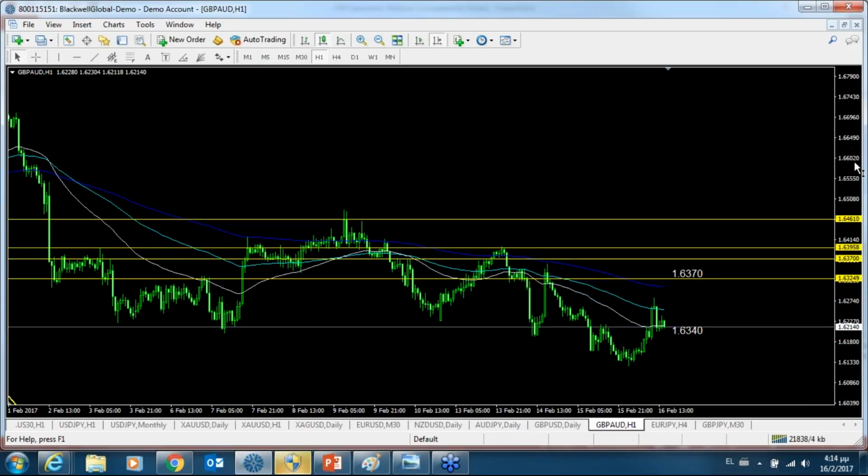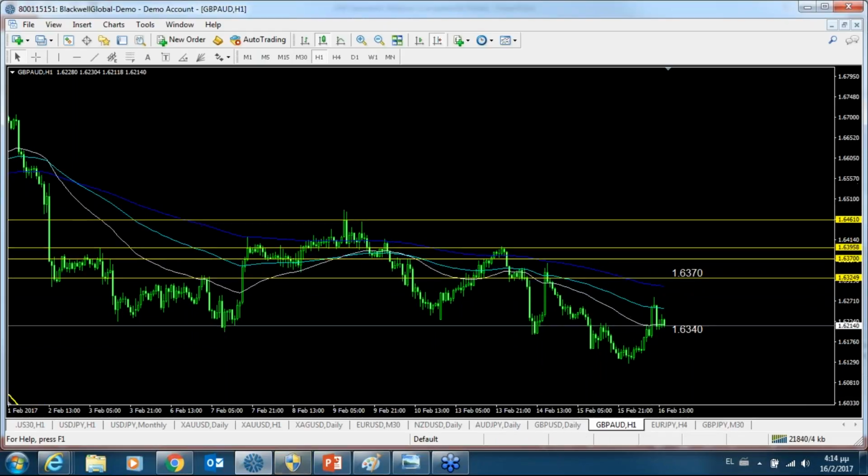Okay, now here. It may be a very good idea for you to start drawing the ABCD pattern based on what you can actually see here, because this is quite a nice pattern to be drawn, mainly because of the way it has hit the moving average here. So if you're starting your A from here, you do your B here, and then you see your C is there.